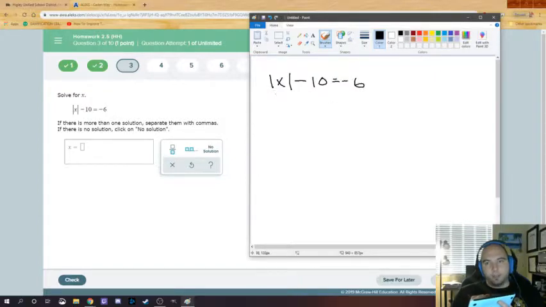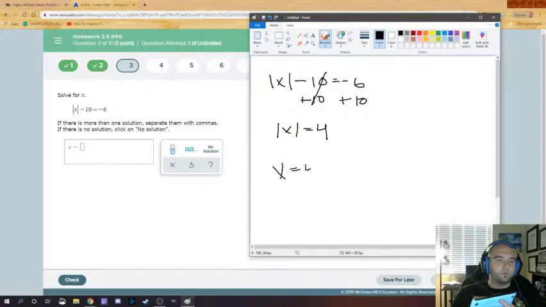So I have to get the absolute value alone. So the way we do it is just like normal, undoing the steps' operations. Add 10 to both sides. You get the absolute value of x equals 4. And now you can split it into the 2 answers. 4 and negative 4.